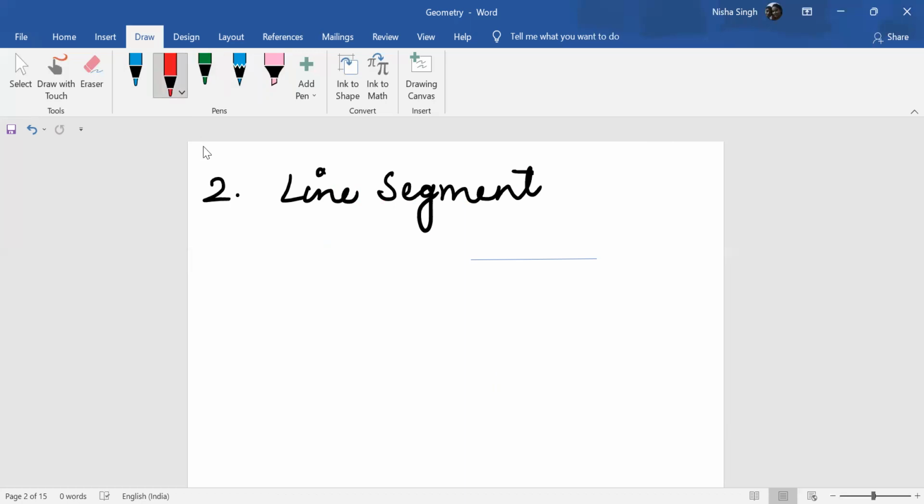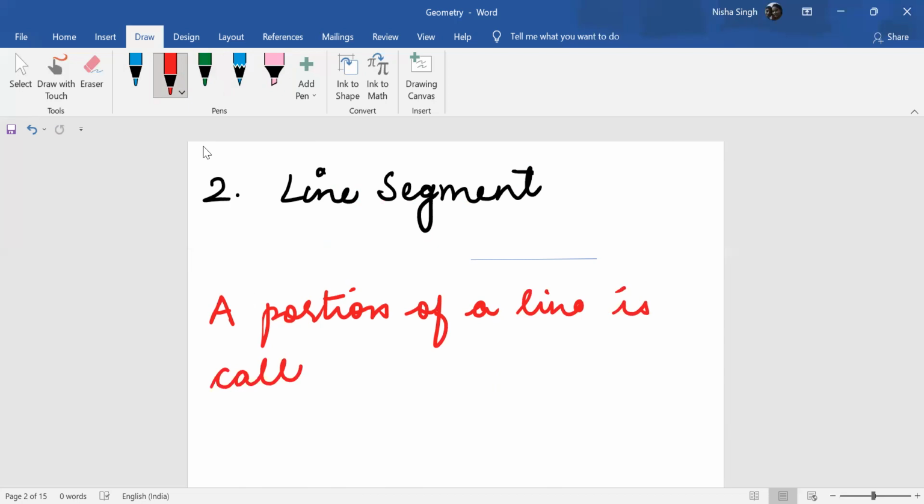A portion of a line is called a line segment. Portion, you all know, एक line है, उसका small portion we have taken, and that portion is called as line segment.